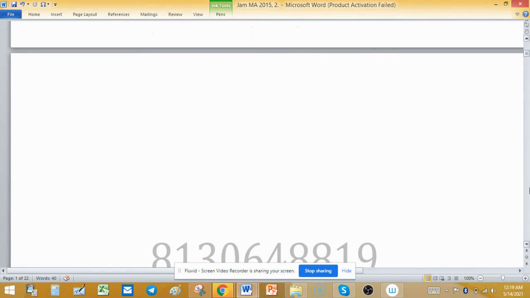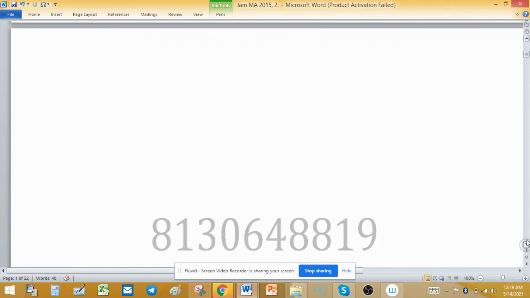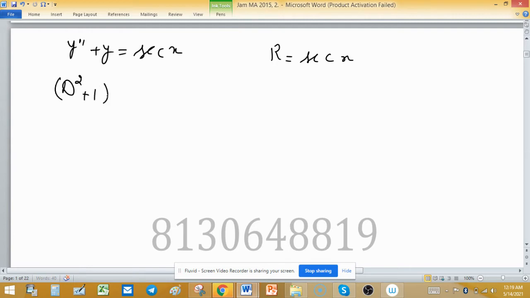So we proceed with this question, y double prime plus y equal to sec x. The value of r is sec x, and we can write this differential equation in simplified form as (D square plus 1) y equal to sec x, where capital D is the differential operator d over dx.